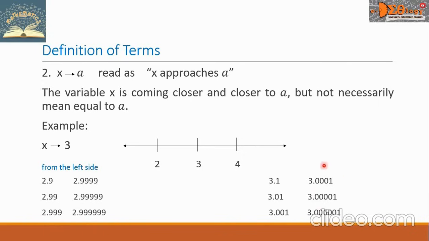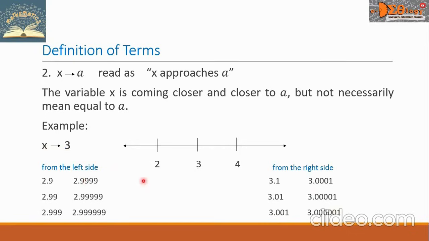Take note that this group of numbers are coming to number 3 from the right side. Now, the symbol x approaches 3 refers to the two groups of numbers that are coming to that constant 3.